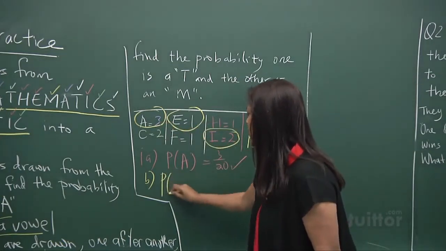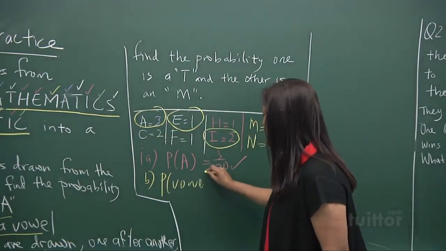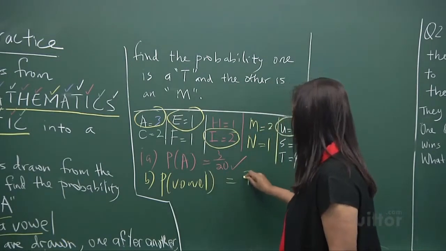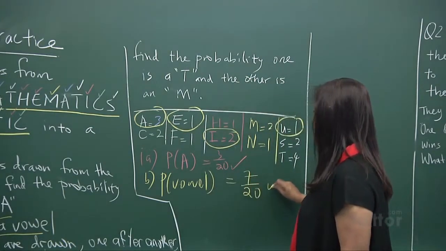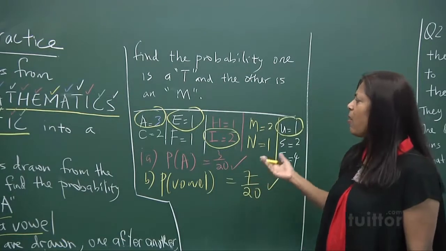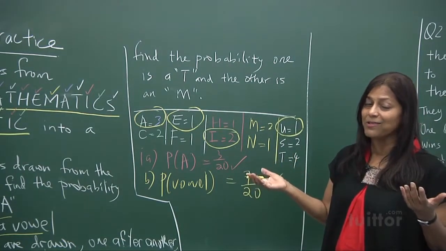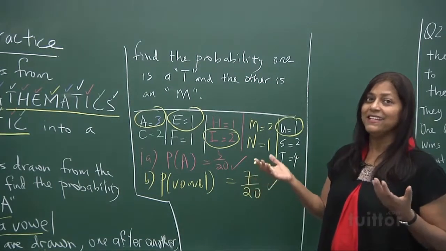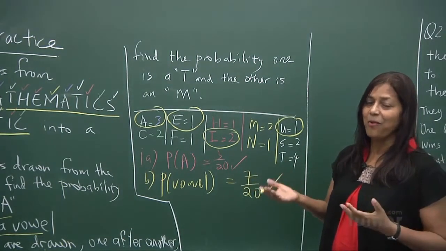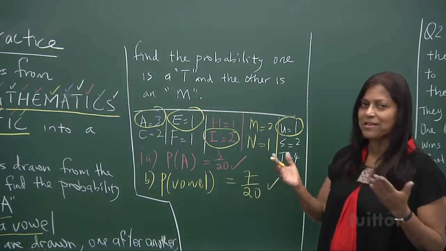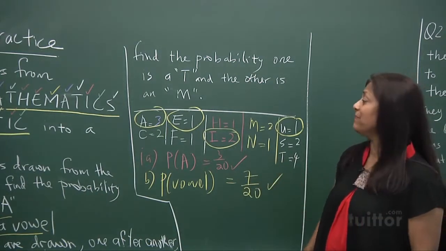So the probability that you get a vowel is actually 7 out of 20. Alright, that's all. The rest are all consonants. Consonants are B, C, D, alright? Whatever is not a vowel will become a consonant.